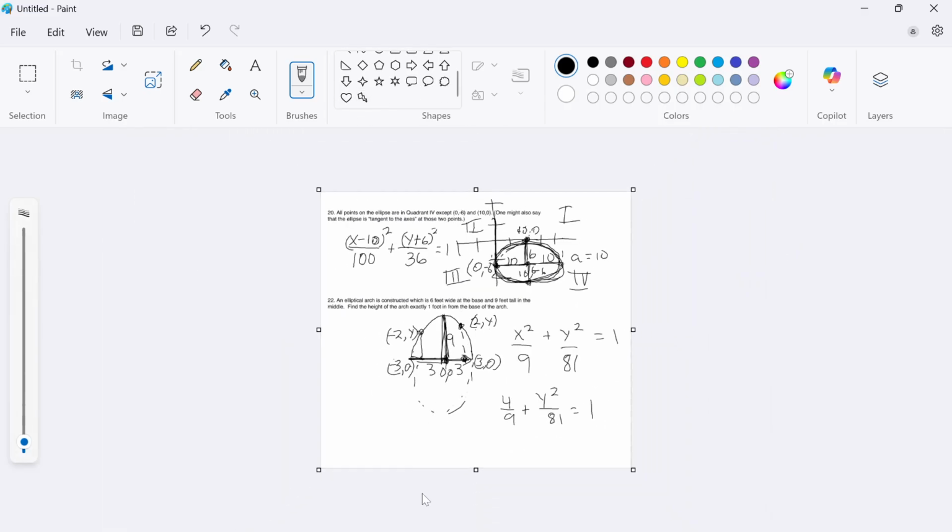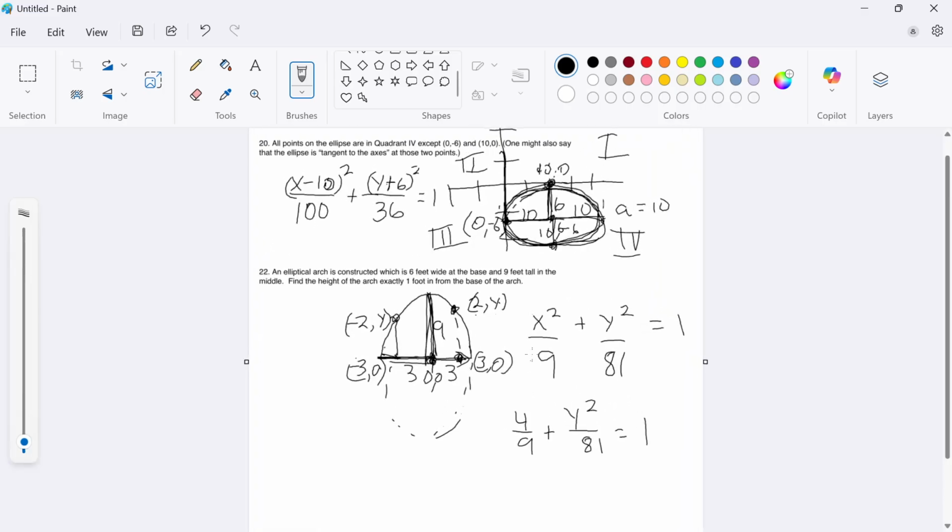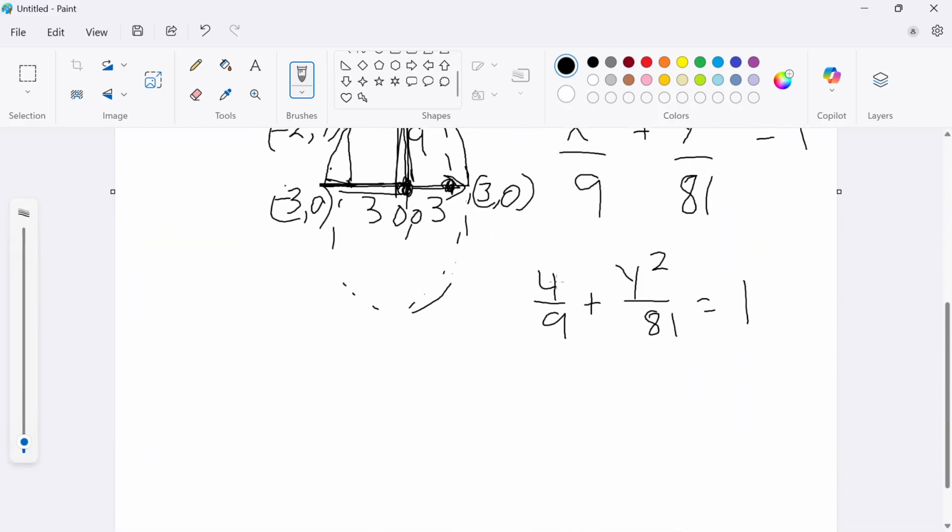So now I will subtract 4/9 from both sides. y squared over 81 equals, I'm going to write 1 as 9/9, so I can easily subtract 4/9. I subtracted 4/9 from both sides, equals 5/9.